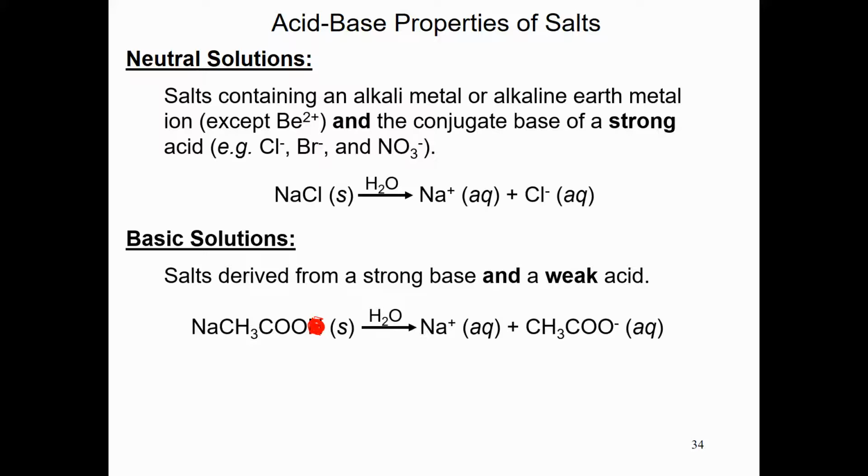Okay? So we have this ion right here, which is acetate. And acetate on sodium would produce sodium acetate. And sodium acetate, if you dissolve it in solution, will give you sodium and acetate ion in solution. And then once you dissolve that in solution, the sodium does nothing because it's just a spectator.